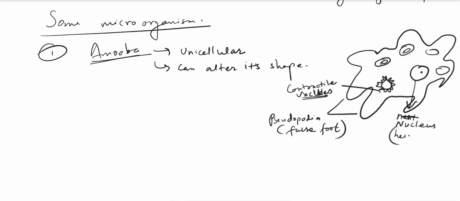And this is the food vacuole, which helps to store food. This is the cell membrane.